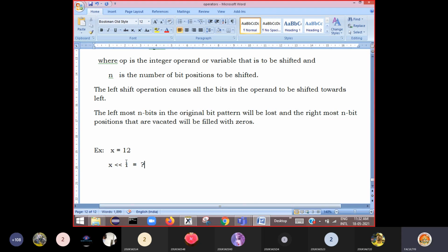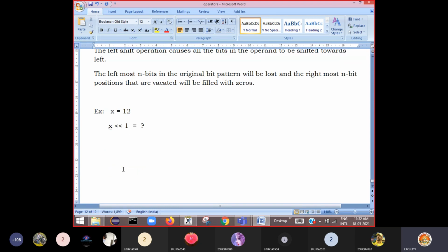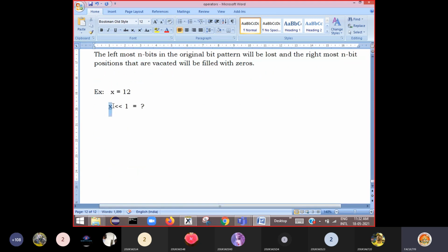What is the meaning of this expression? X left shift 1 means move all the bits of X towards left by 1 position. If you give 2 here, move all the bits towards left by 2 positions. If you give 3 here, move all the bits towards left by 3 positions.